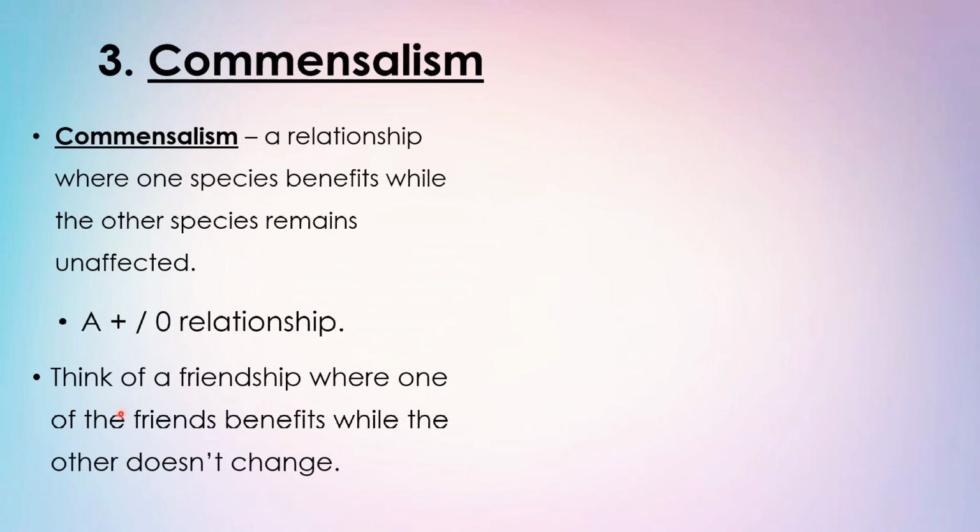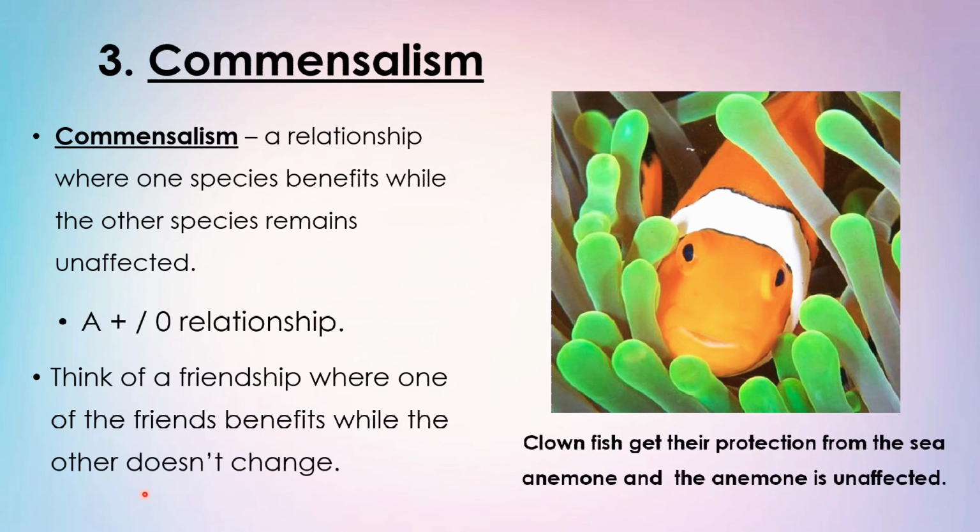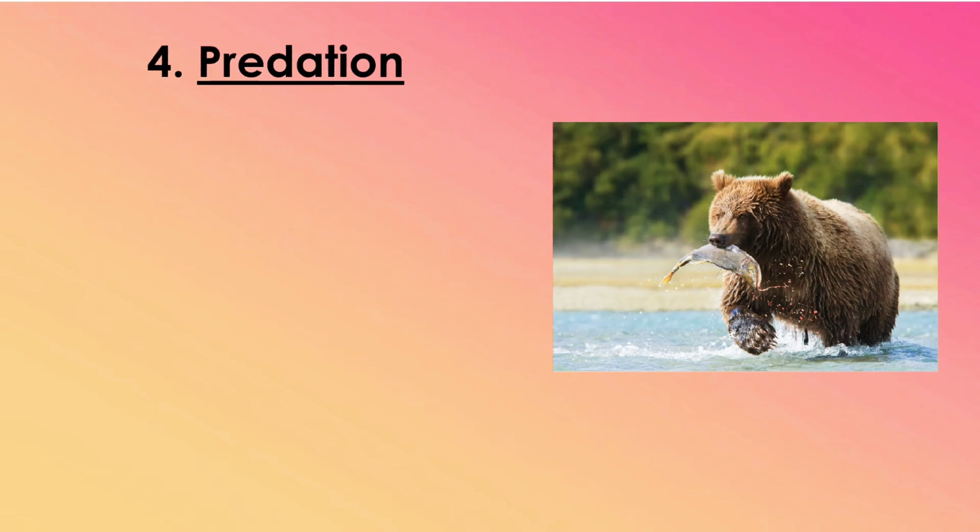It's like a friendship where one of the friends benefits while the other doesn't change. For example, the clownfish and the sea anemone. The clownfish gets protection from the sea anemone, but the sea anemone is unaffected. That's why they have a commensalism relationship.